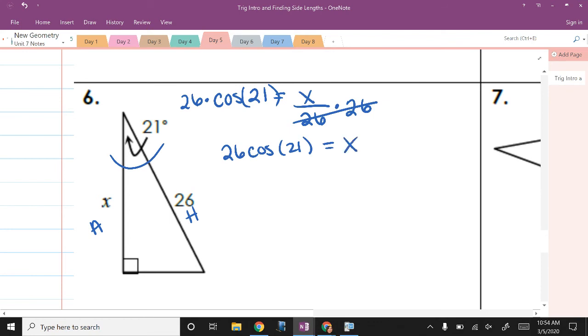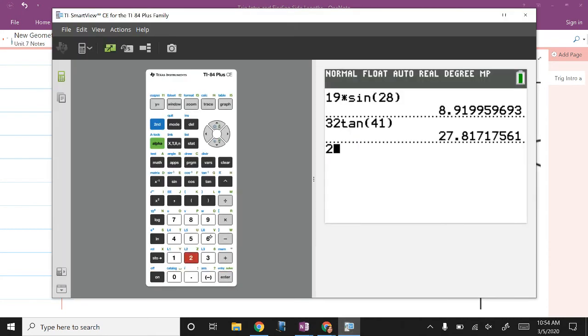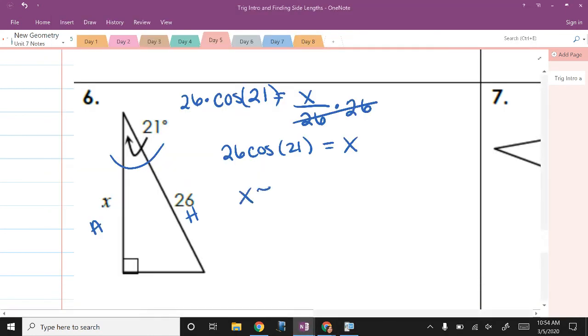Equals x. Calculator. 26 cosine 21. Close parentheses. Y'all get about 24.3? All right. X is approximately 24.3. Is that smaller than our hypotenuse? Yeah.